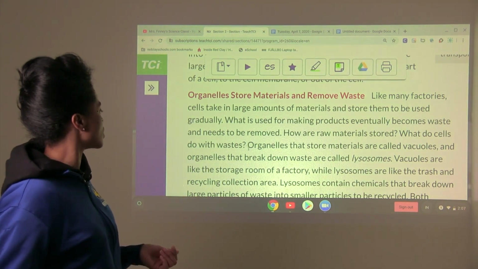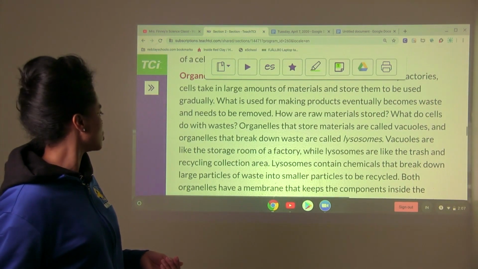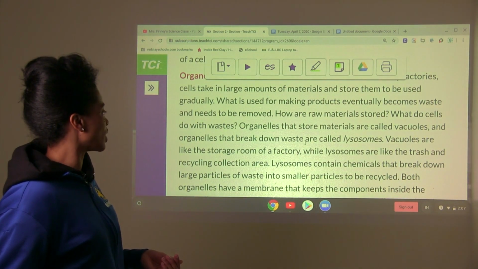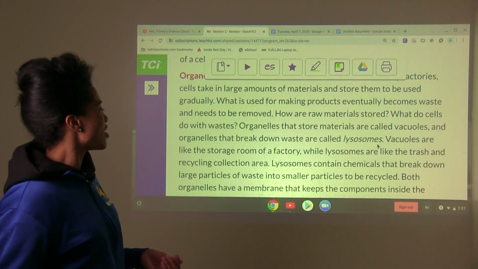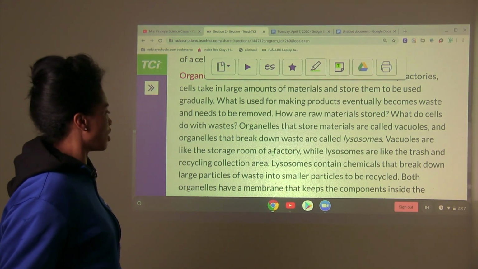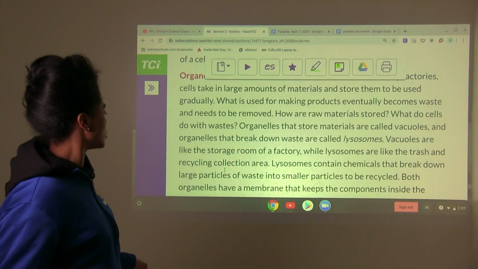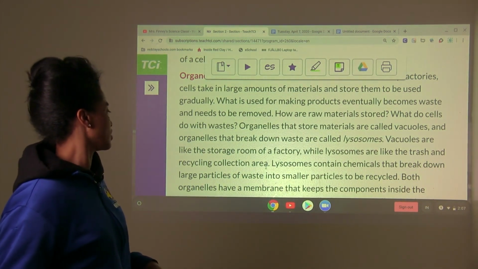What do cells do with waste? Organelles that store materials are called vacuoles, and organelles that break down waste are called lysosomes. Vacuoles are like the storage room of a factory, while lysosomes are like the trash and recycling collection area.